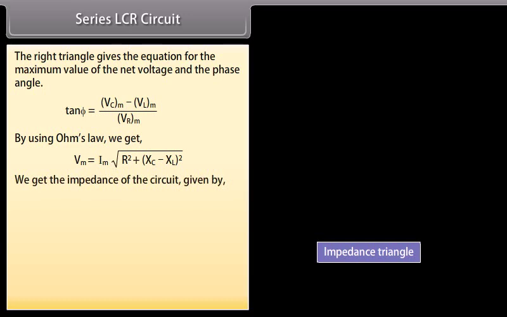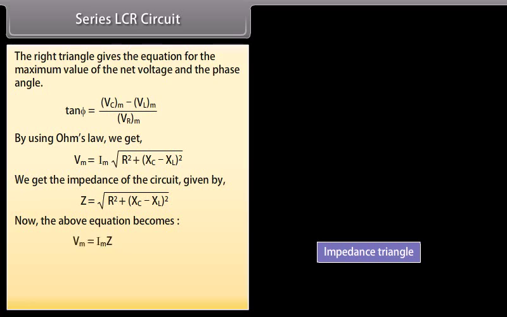We get the impedance of the circuit given by Z equal to under root of R square plus (XC minus XL) square. Now, the above equation becomes Vm is equal to product of Im and Z. We can also write this equation as Im is equal to Vm upon Z, or IRMS is equal to VRMS upon Z.